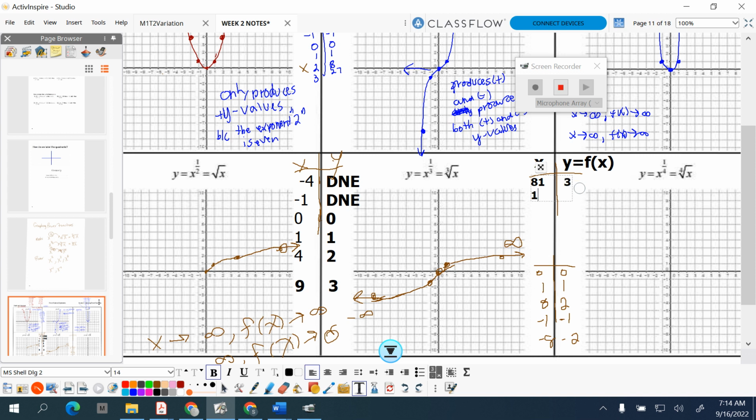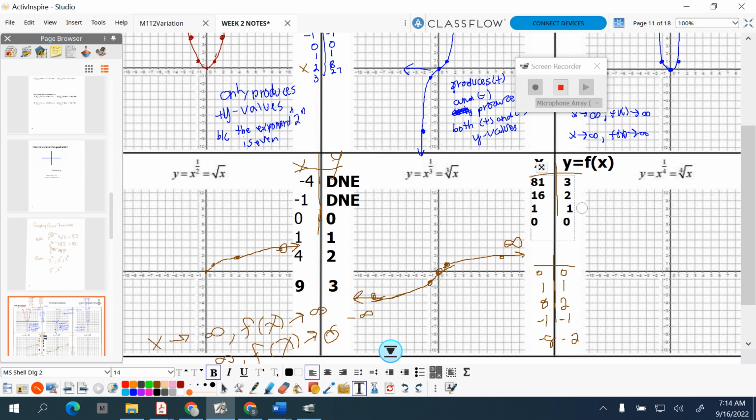Fourth root of 16 is 2, and we'll do the negatives for this too. Fourth root of 4, too messy with that one. Fourth root of 1 is 1.